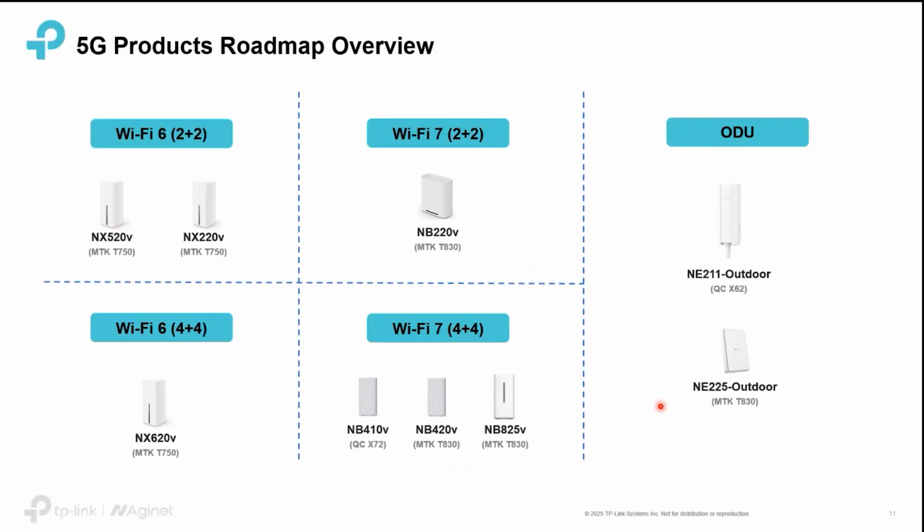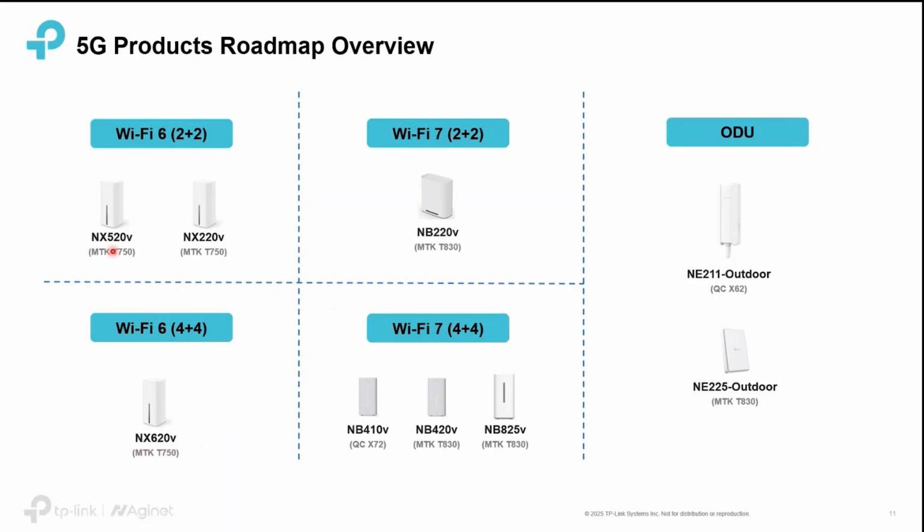When it comes to the roadmap of the 5G products, there's, as I say, a lot coming. We've spoken about a couple of the products just now on the Wi-Fi 6, these two, but there is a middle of the range Wi-Fi 6 coming as well. That will absolutely fit into some scenarios where maybe a little bit more throughput, a little bit more power than the entry level is required, but not obviously needing the full 4x4 solution.